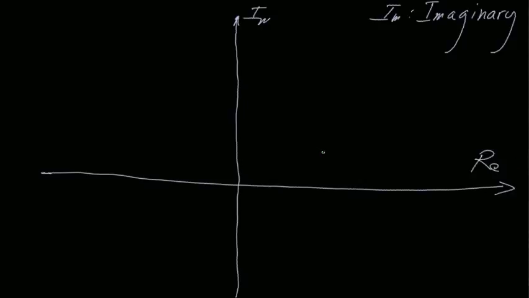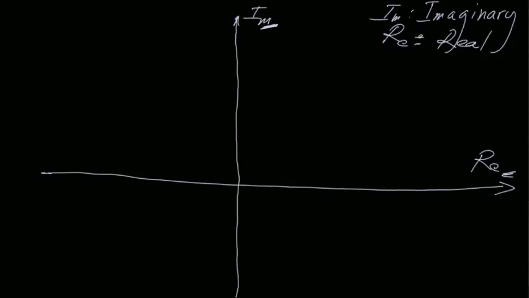This Re has nothing to do with the equivalent resistance. Re is simply the real axis. So do not mix apples and oranges. This is not an index. It's I with the letter M next to it. Im means imaginary axis. Re means real axis.